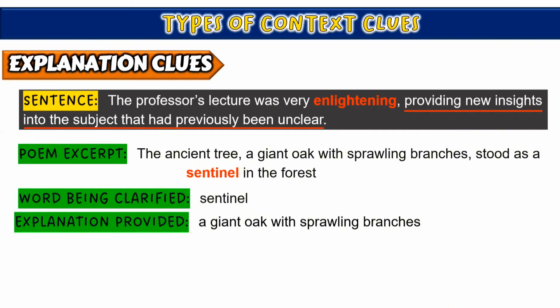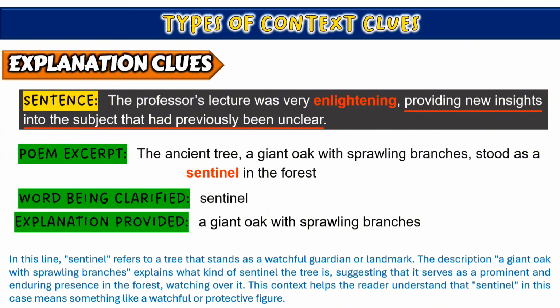Let's have this line from a poem as another example. The ancient tree, a giant oak with sprawling branches, stood as a sentinel in the forest. This is an example of an explanation context clue because it provides a detailed description that helps clarify the meaning of the term sentinel. In this line, sentinel refers to a tree that stands as a watchful guardian or landmark.